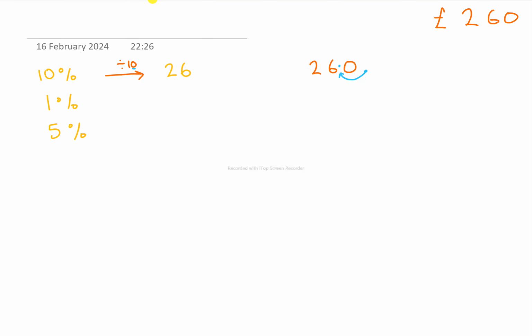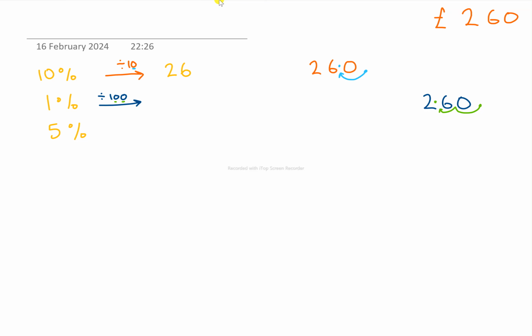Now with 1%, let's have a look. Now be careful with this. With 1%, you divide by 100. So you write 260, the decimal point is here because they've not given us it, and we move it back 2 places because there's 2 zeros. So in my head it goes 1 in between the 2 digits, 2.